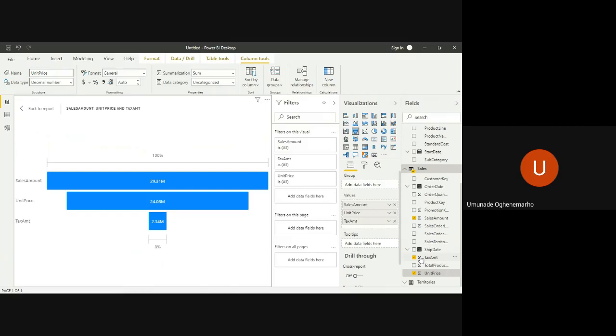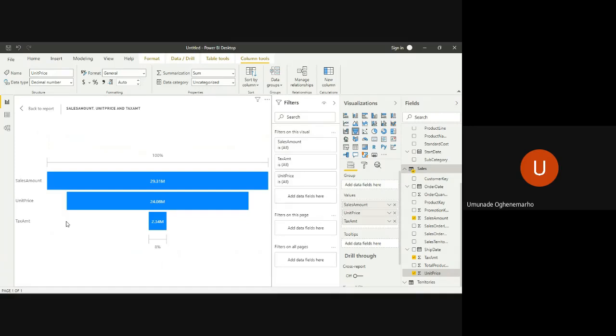Now, a gauge simply displays the current status in context of a goal. What a gauge does is look at how well you are doing in real time. Gauges are best used in real time.